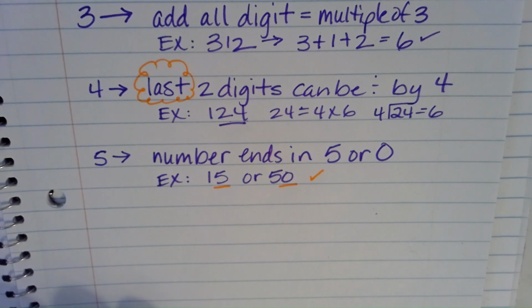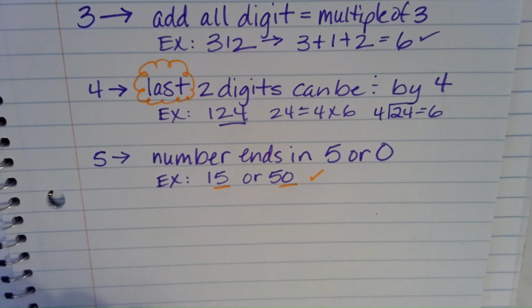What we're going to do next is learn how to add, subtract, multiply, and divide fractions. What we also need to do with all of those fractions is reduce them, which means make them the smallest version of themselves. And these tricks are going to help you with that.